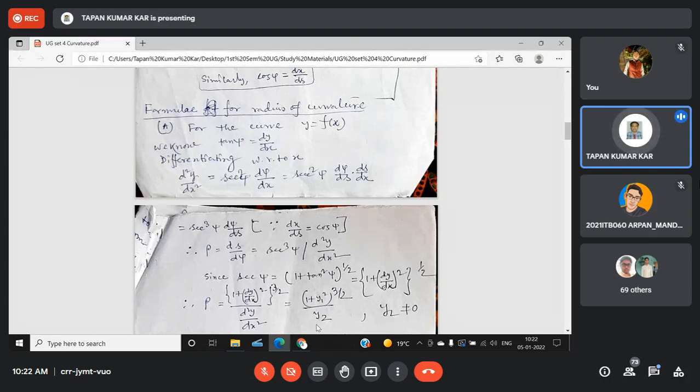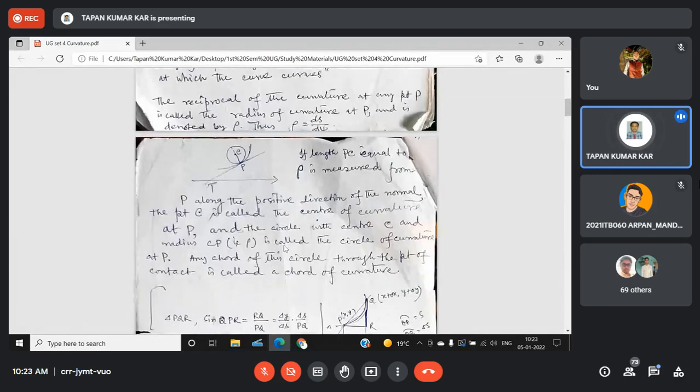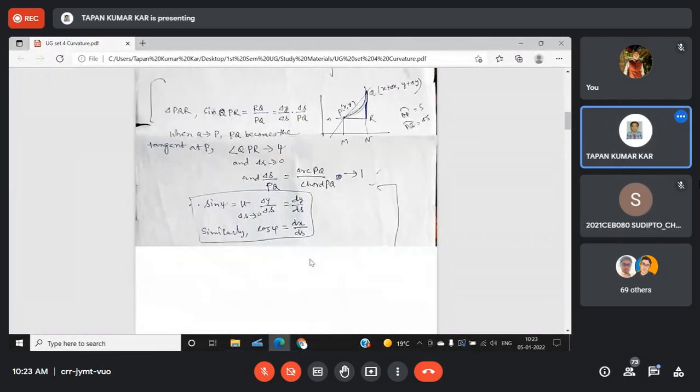Then you will write, therefore the radius of curvature is 2 units. If no unit is given, 2 units. Because look at this curve, this CP is the radius of curvature, and C is the center of curvature. So it is a length.